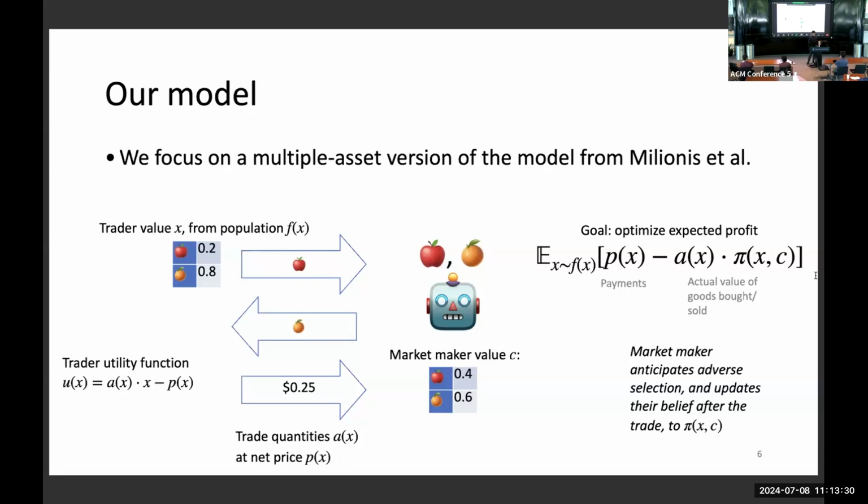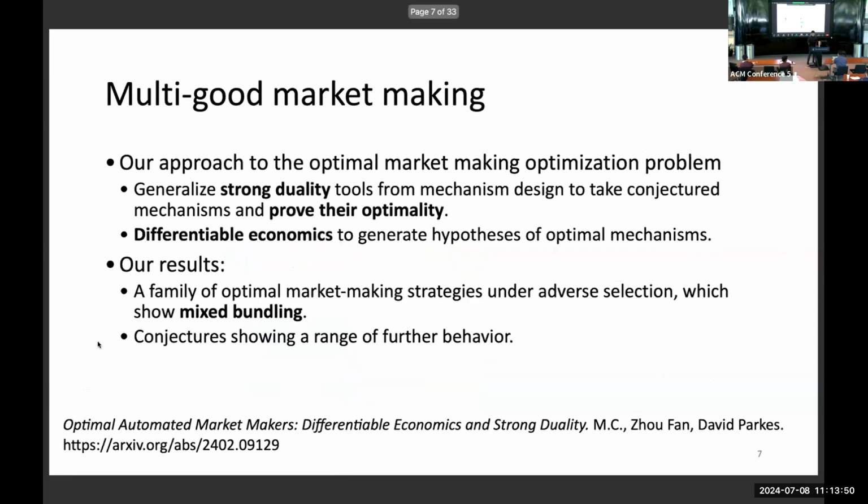And the revenue of the market maker can also be expressed in the form of the utility function, because the allocation function can be represented as a derivative of the trader utility, and the payment can also be represented in the form of UX.